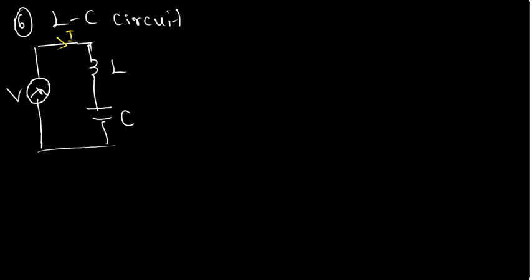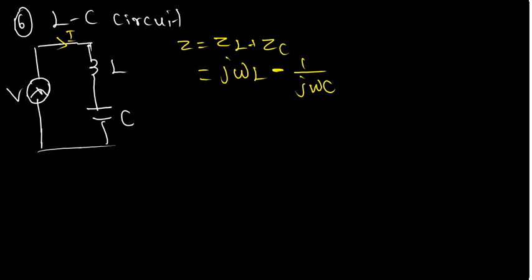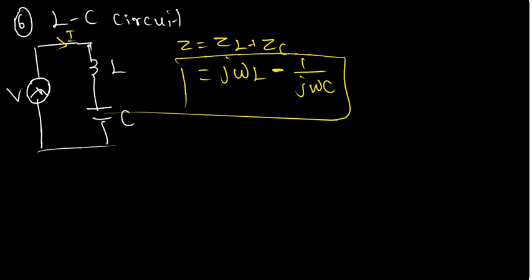So the impedance is ZL plus ZC, the impedance of the inductor plus the impedance of the capacitor. The impedance of the inductor is j omega L minus 1 over j omega C. This is the total impedance.